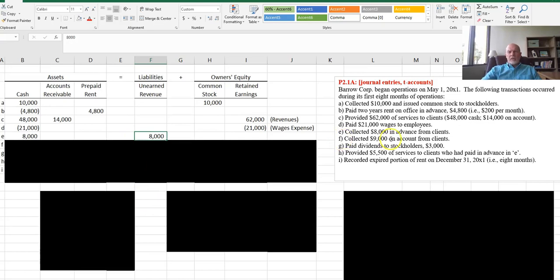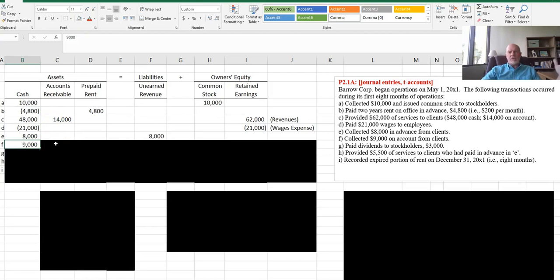Item F, we collected $9,000 on account from clients. So again, we're collecting money from clients, but this time we're collecting it on their account. In other words, it's related to this $14,000 up here. They owed us for work we had already done. We sent them a bill, and now they're paying us. So we're adding to cash $9,000, but this time the accounts receivable is coming down.